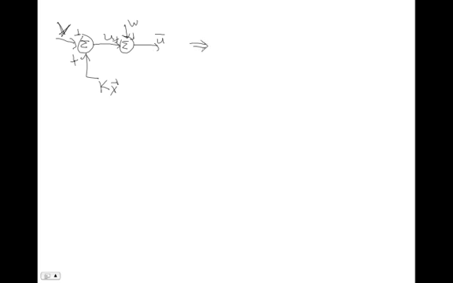So what we're going to do is take this and realize that we can transform it like this. I'm going to have V come into a summation junction with W, like this. And what comes out, I'll call V bar. And then I'm going to take that signal and pass it into a summation junction, like this, where here is K times X. And what comes out is U bar.